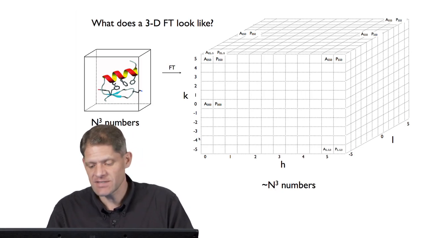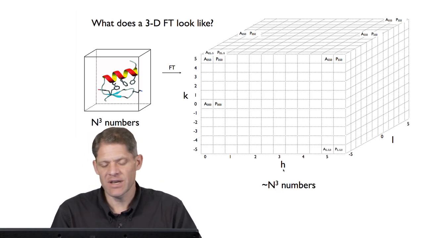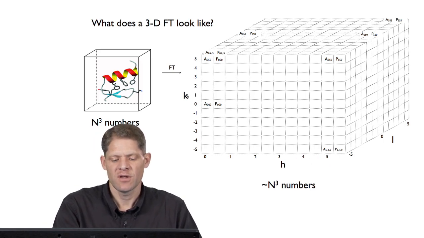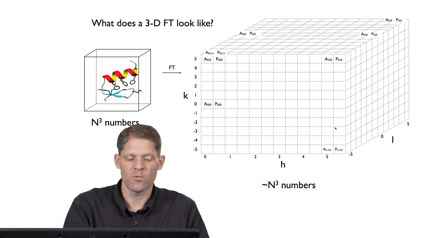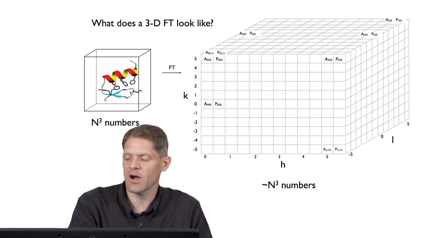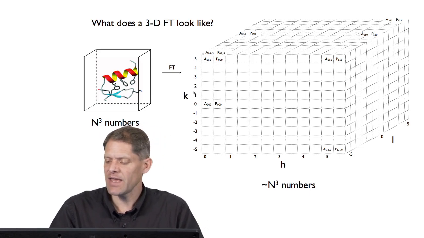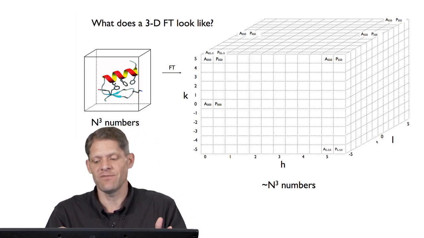Now notice that in this case, while the Miller index h goes from 0 to 5, both k and l go from positive 5 to minus 5. This again is for a real space image with 10 pixels across.